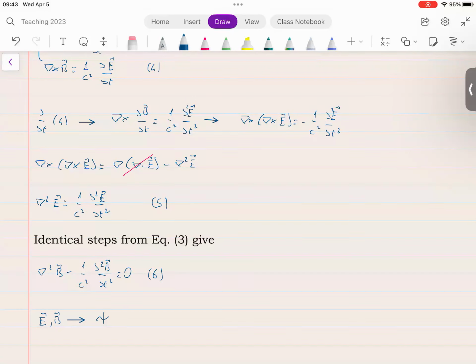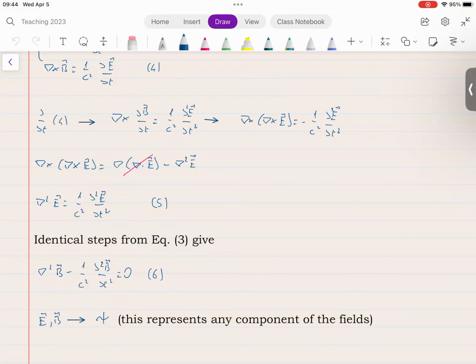And the reason why I'm using a scalar is that psi is going to represent any one of the components of the fields. Clearly, those equations, 5 and 6, those wave equations apply identically to each component of the fields.